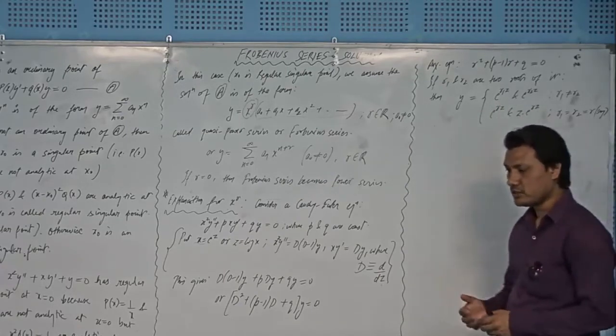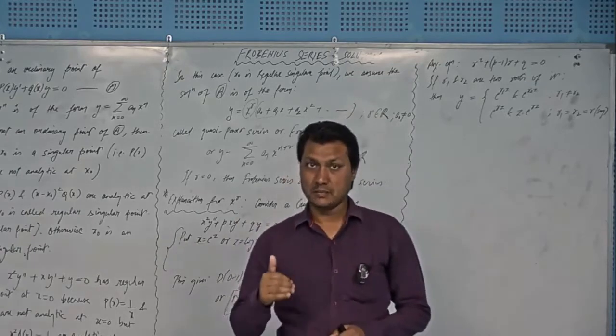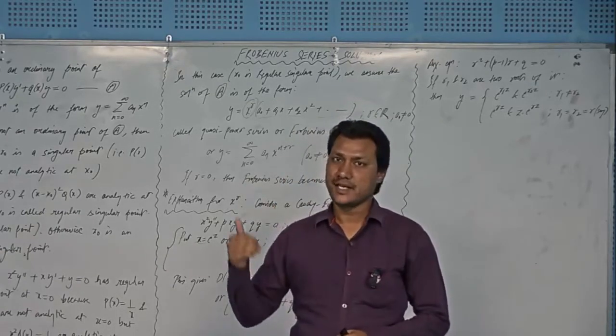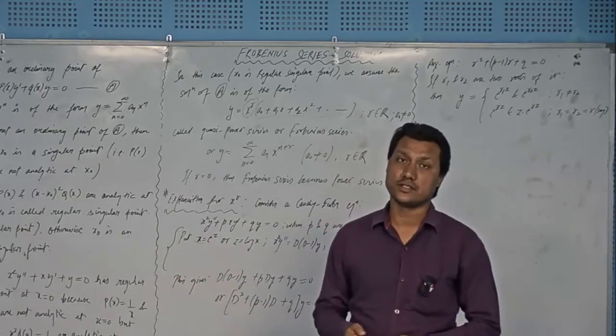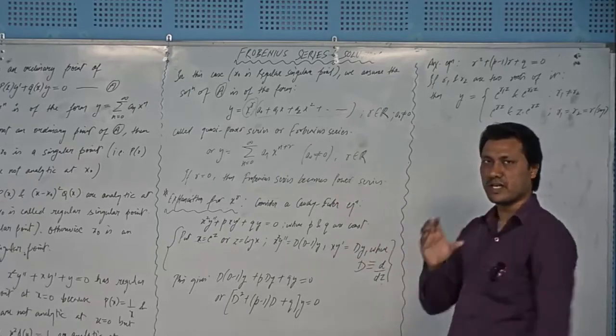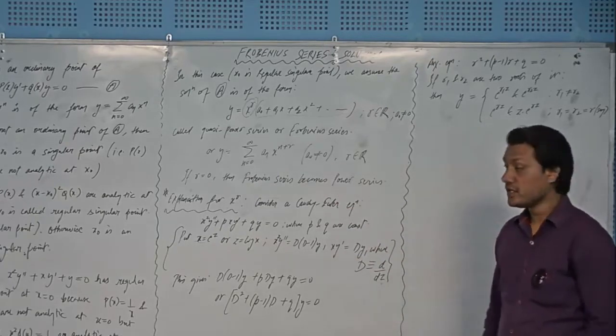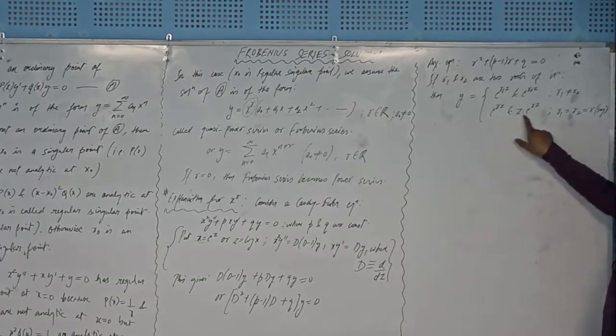And when you get repeated roots m1 equal to m2, you write the solution as c1 e to the power mx plus c2 x e to the power m1x. So in case of a repeated root, you just multiply the previous solution by the independent variable x. In our case the independent variable is z, so I multiplied the previous solution with z.